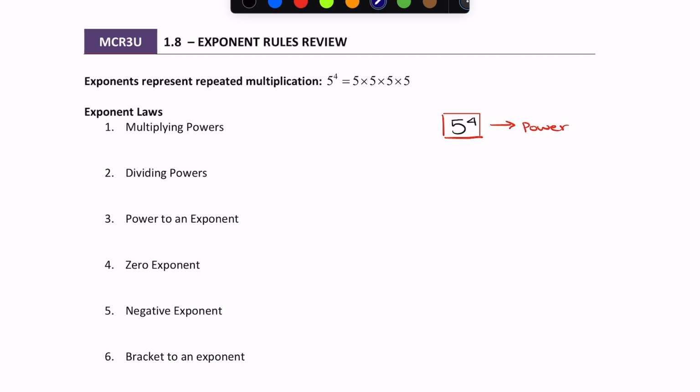The 4 is the exponent, and the 5 is the base. So here, if we're evaluating 5 to the power of 4, it would be 5 times 5 times 5 times 5, which would give us 625.